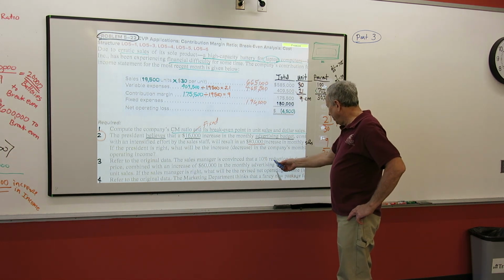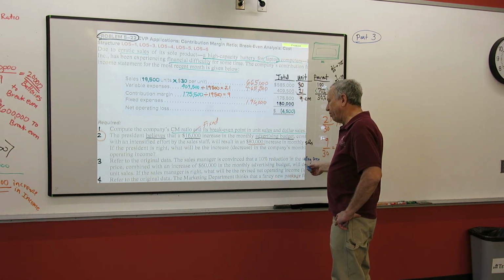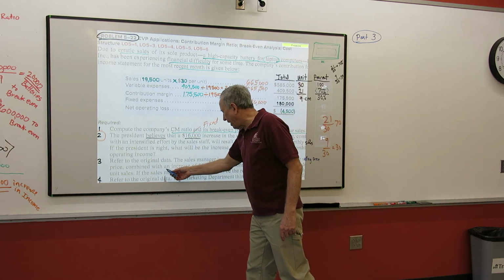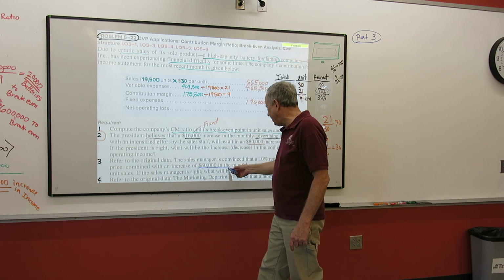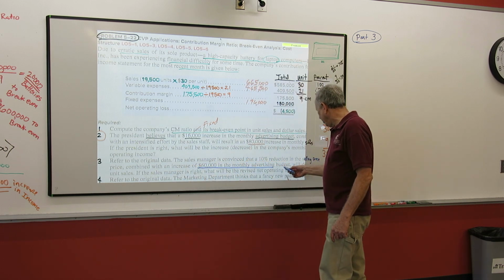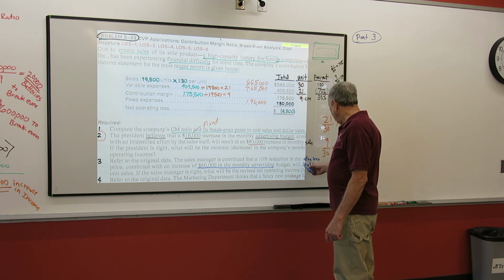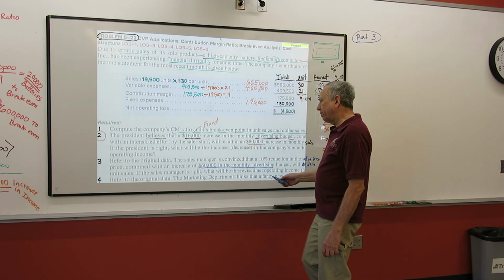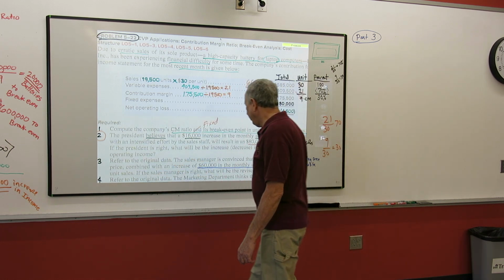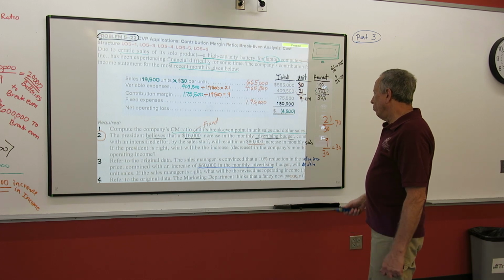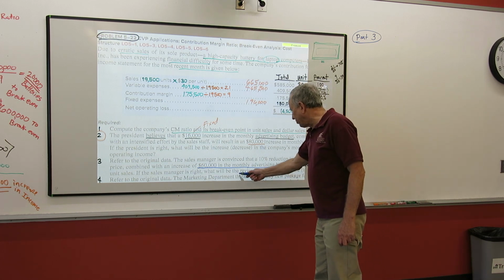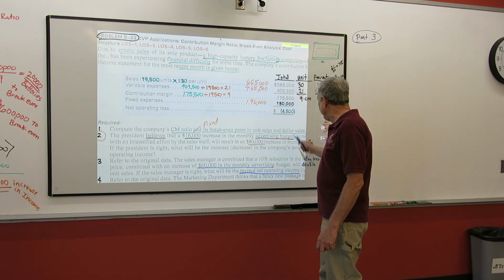A 10% reduction in the selling price combined with an increase of $60,000 in advertising budget will double, D-O-U-B-L-E, will double unit sales. If the sales manager is right, what will be the revised net operating income? This time they asked for the revised net operating income. They want the new net income.